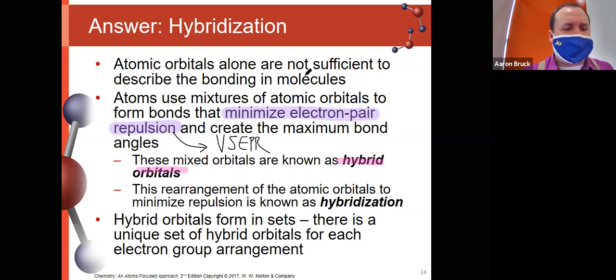These hybrid orbitals come in sets. Every shape, every electron domain geometry that we discussed has its own unique set of hybrid orbitals.